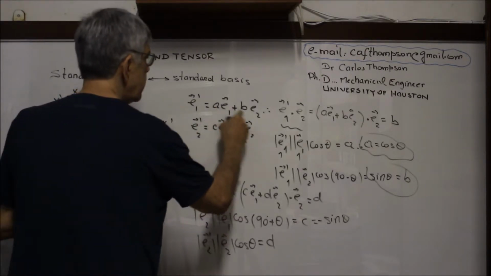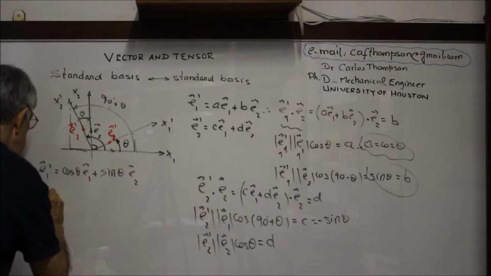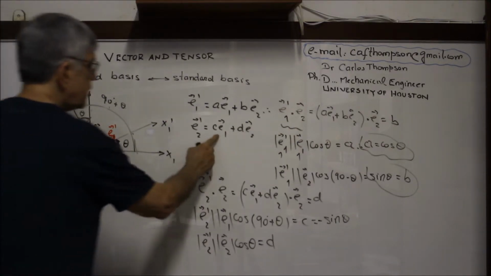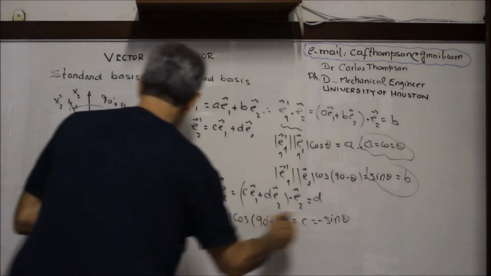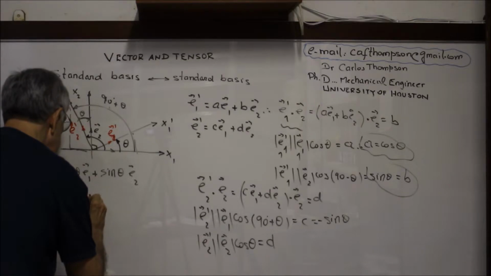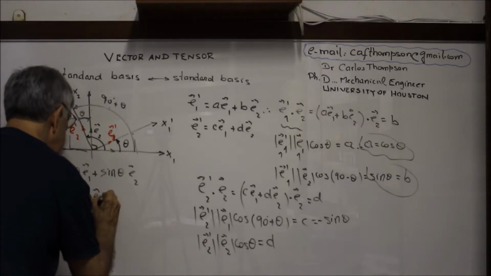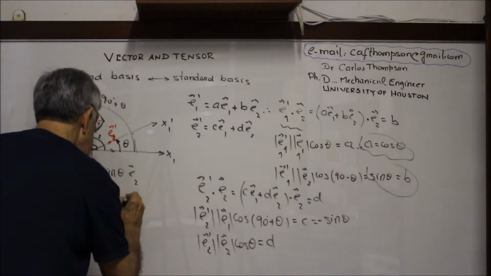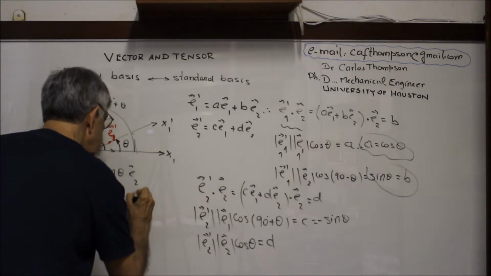You see, this is A and B. Now, E2 prime is equal to, what is C? Minus sine of theta E1 plus D, which is cosine of theta, E2.